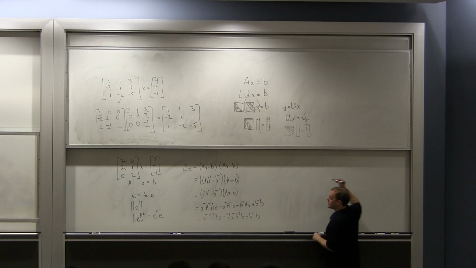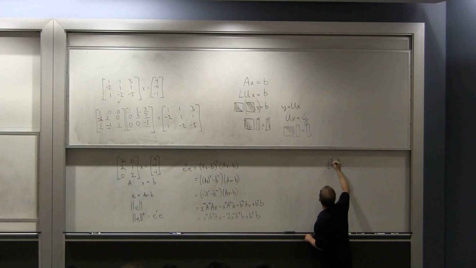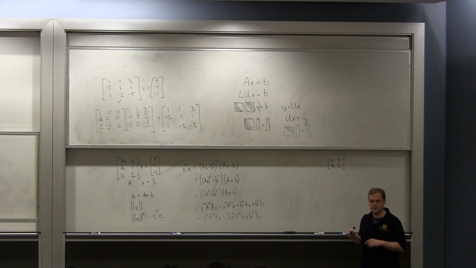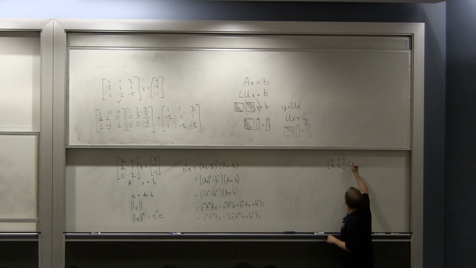Let's try taking the derivative of... 4, 3, 3, 2, that's a bad matrix. 5, 3, 3, 2. I like positive semi-definite matrices, and the first one wasn't. Okay, so here's our A, and here's our x.